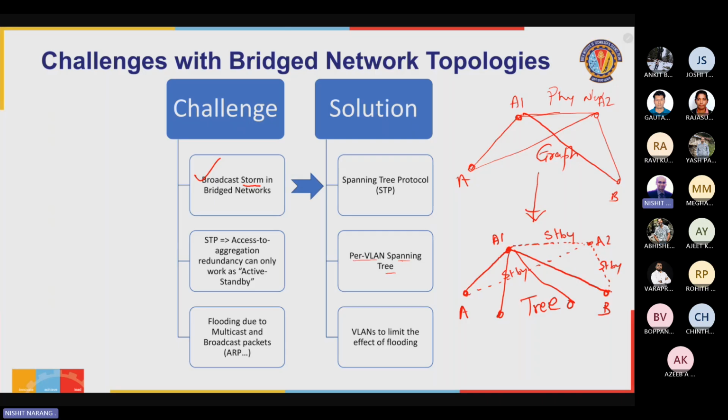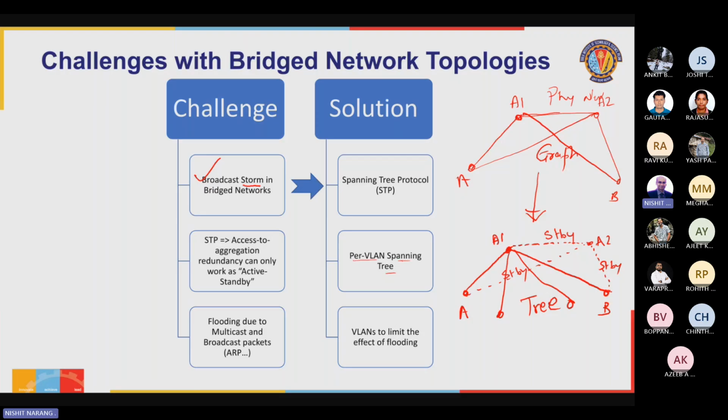So the spanning tree protocol is a very important protocol used in layer 2 networks, which recognizes redundancy in the network, retains that redundancy for failures, but creates an active network topology, which is a spanning tree structure.